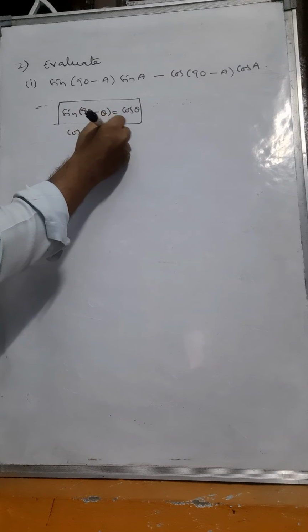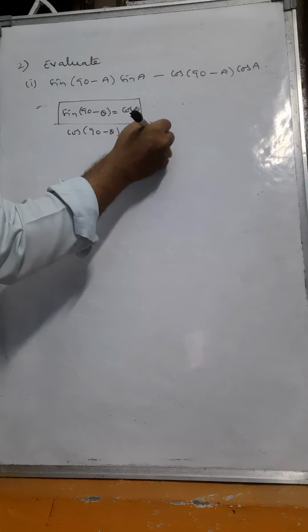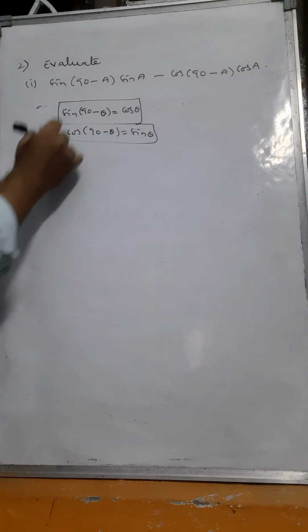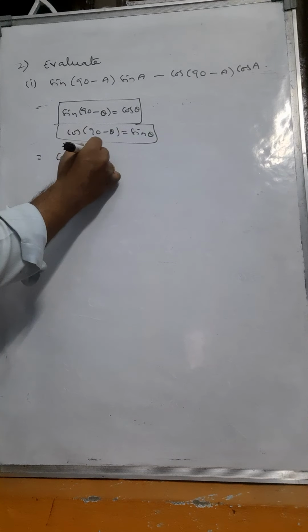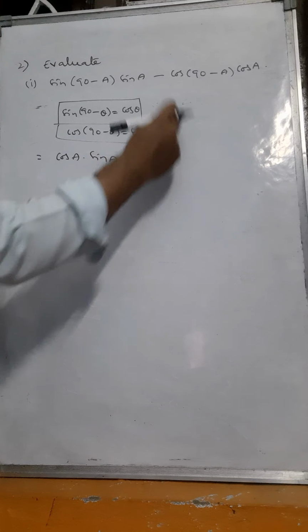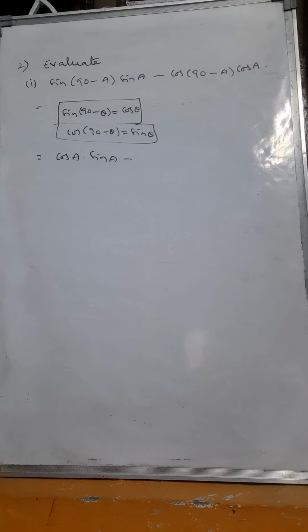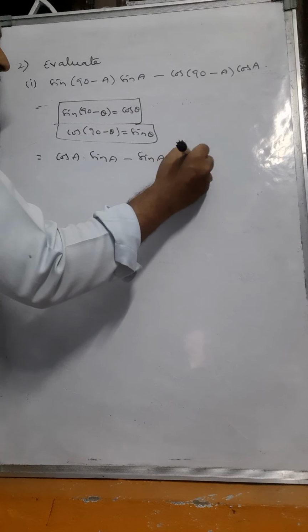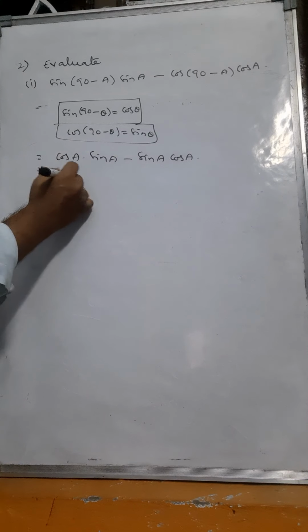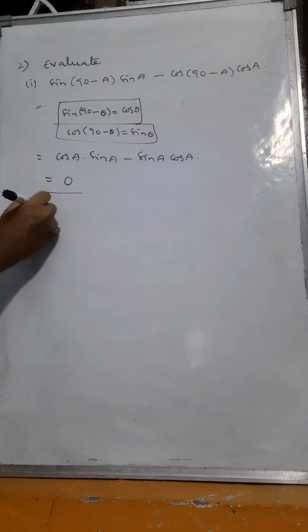Cos(90 minus theta) is equal to sin theta. From these two, we can write sin(90 minus a) as cos a into sin a, minus cos(90 minus a), which is sin a, cos a. So it is sin a cos a minus sin a cos a. Both will get cancelled, that is equal to 0.